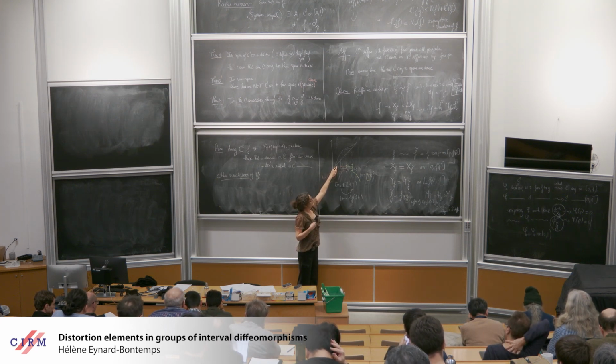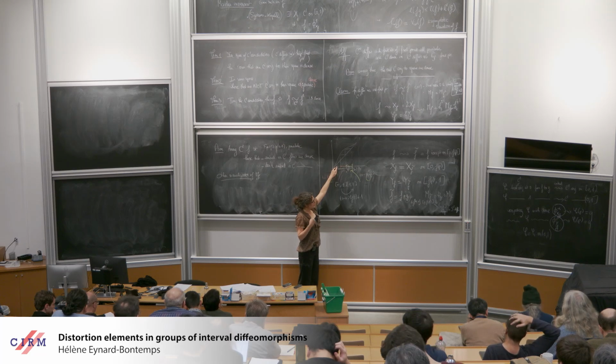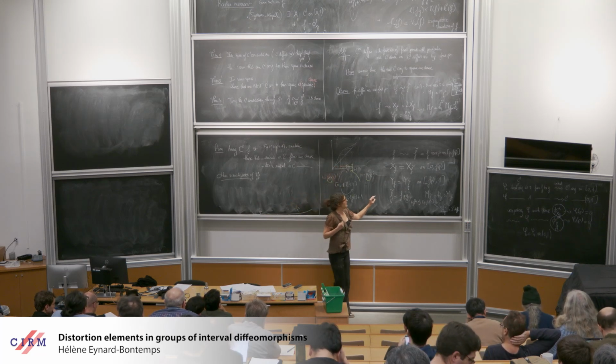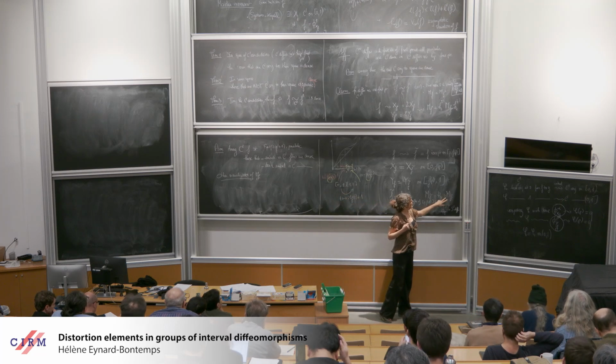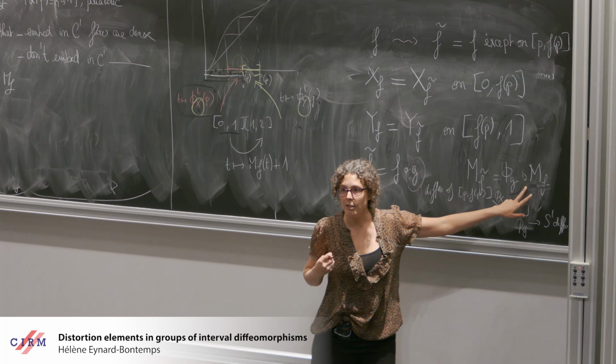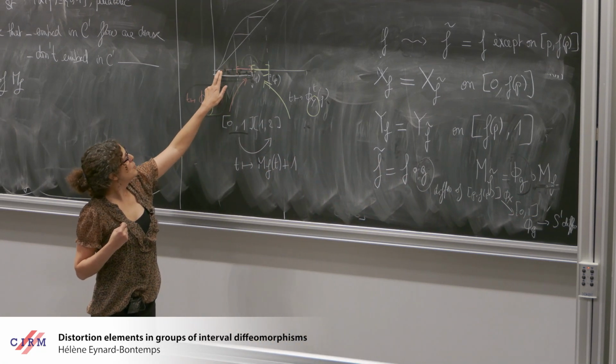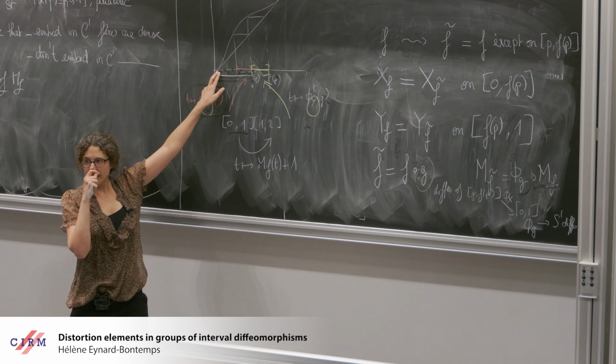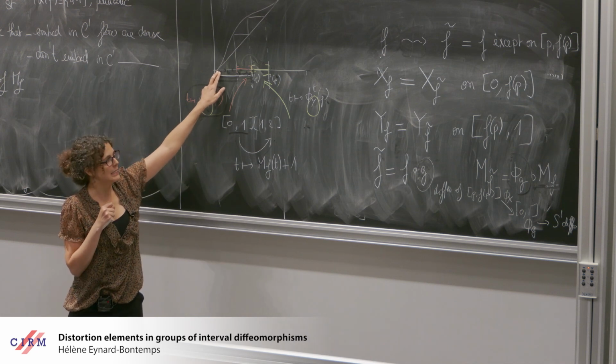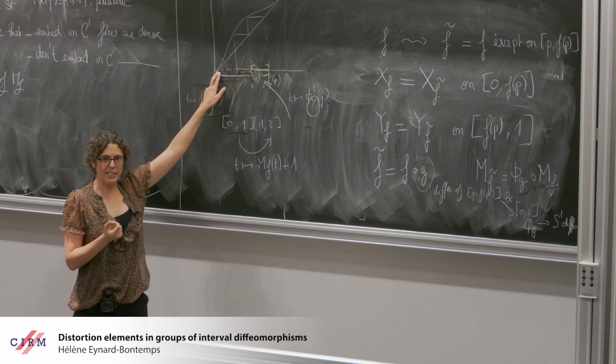And doing this, you're actually going to kill the matter invariant. What is not obvious is that it is not because your matter invariant was decomposed into C1 small fragments that the corresponding compactly supported diffeomorphisms here are going to be C1 small. So you have to control that.